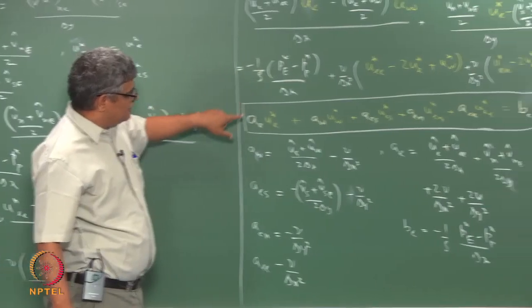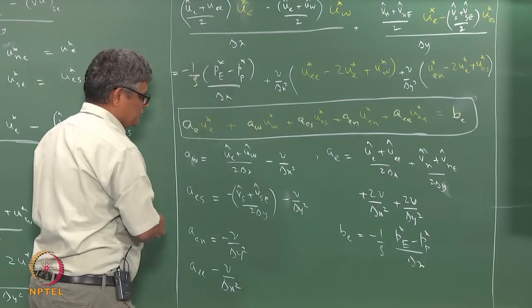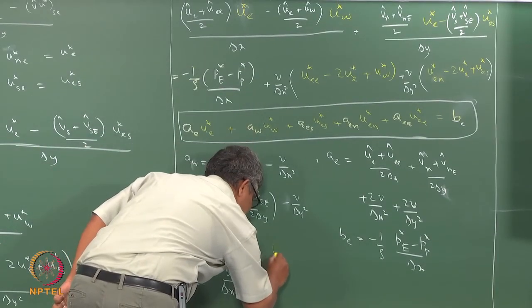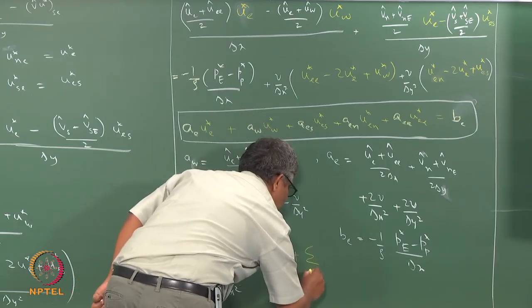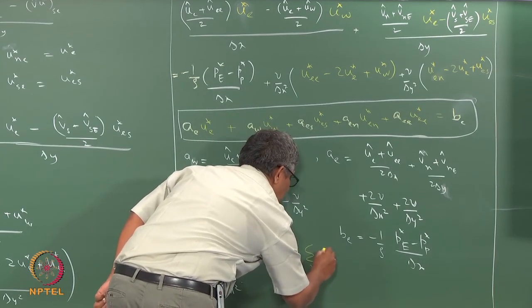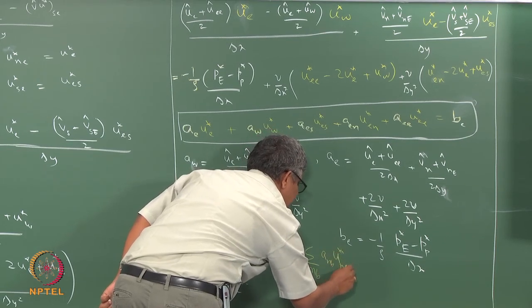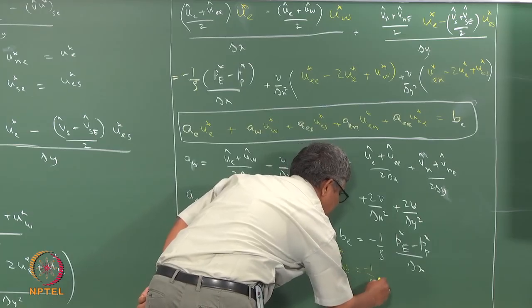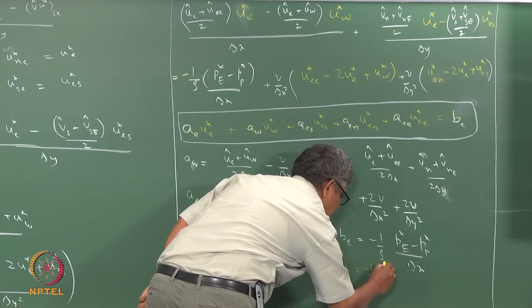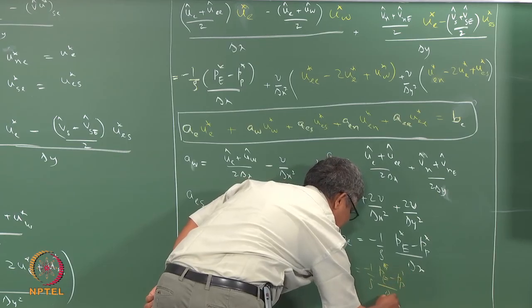and we can therefore write the discretized x momentum equation in this form, that is u e star plus sum over neighboring values of a and b, u star and b, equal to minus 1 by rho P star capital E minus P star capital P by delta x.